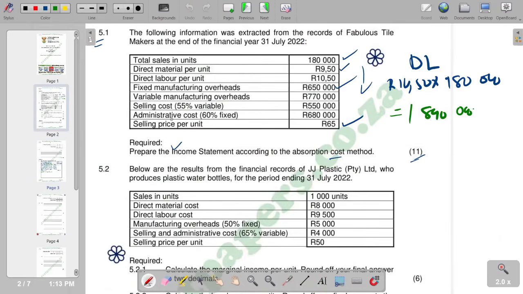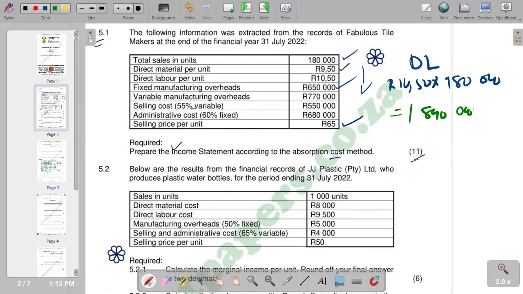You see that we are given our selling cost as 55% of variable, which is 550,000. So it means this selling cost that we are given, 550,000, is 55% of variable.